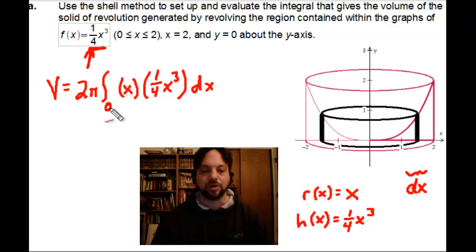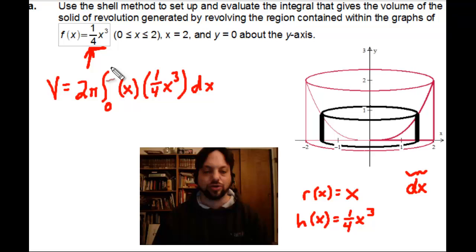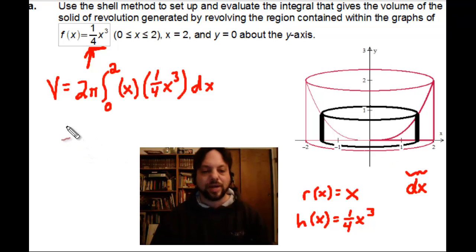That's just going to be 0. And we're going to go out to x equals 2. So don't think that we're going from -2 to +2. That's not the case. We're just going from 0 to 2. You can think of it as we're really only going halfway on the shells, if that helps you to see it. So anyhow, we can go ahead and simplify this a little bit.